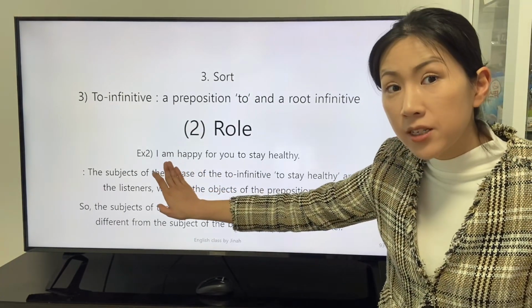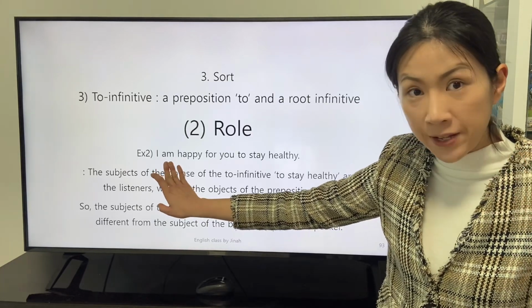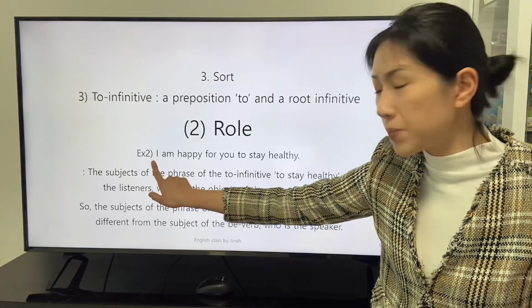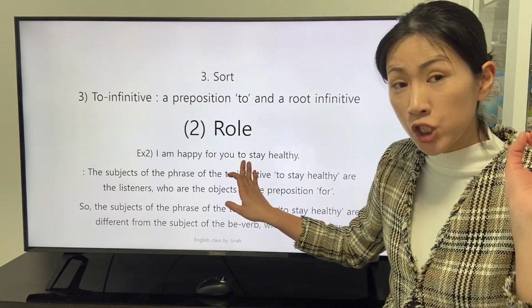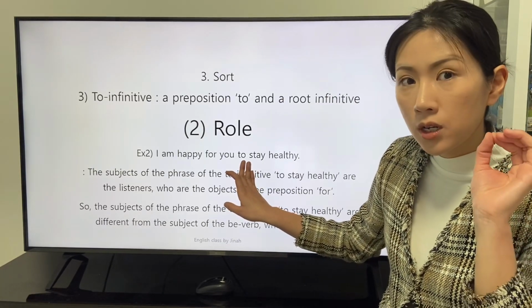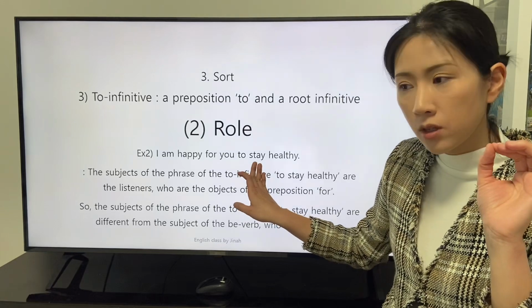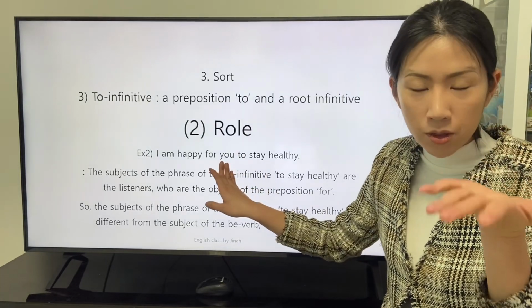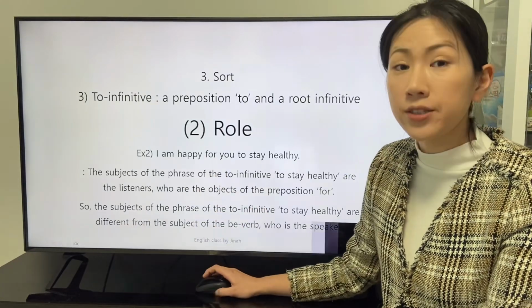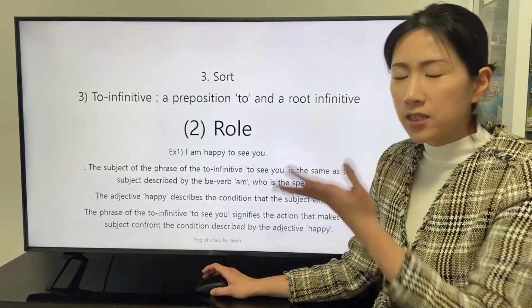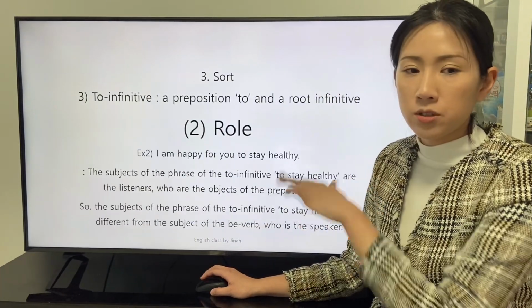The subject of the be-verb is the speaker, and the subject of the to-infinitive to stay are the listeners. So the subjects are different, unlike the first clause.